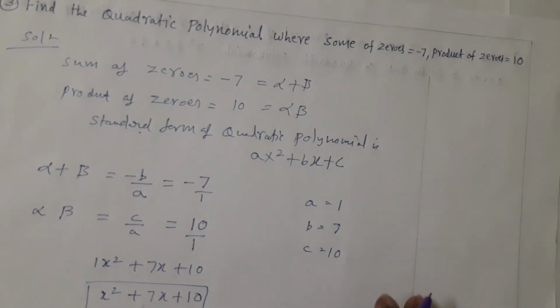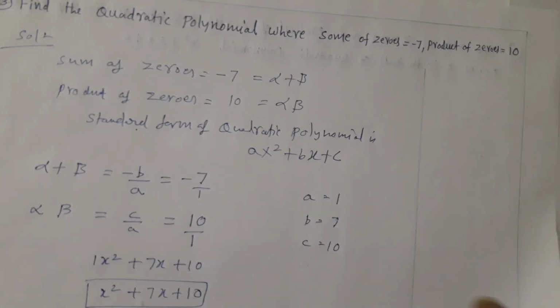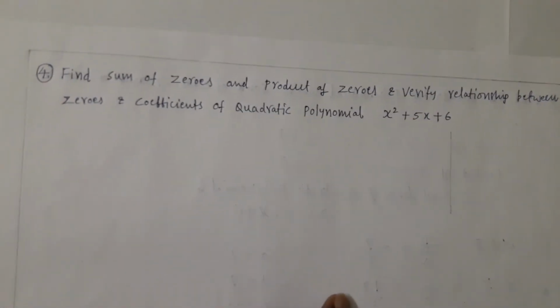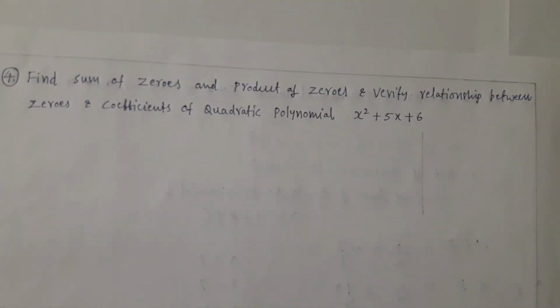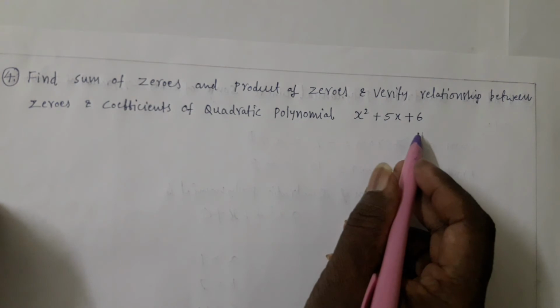So third question is over. Going to fourth question. Find sum of zeros and product of zeros and verify the relationship between zeros and coefficients of quadratic polynomial x square plus 5x plus 6.